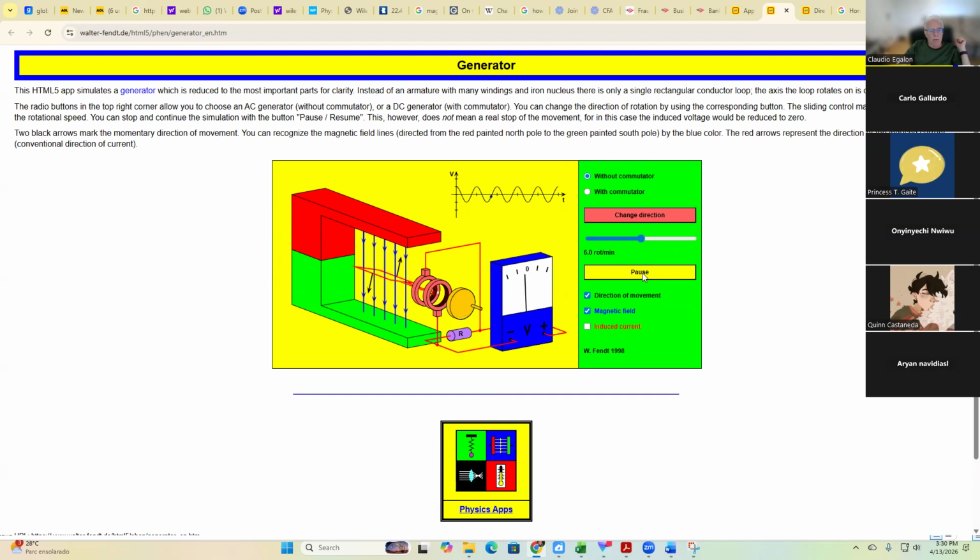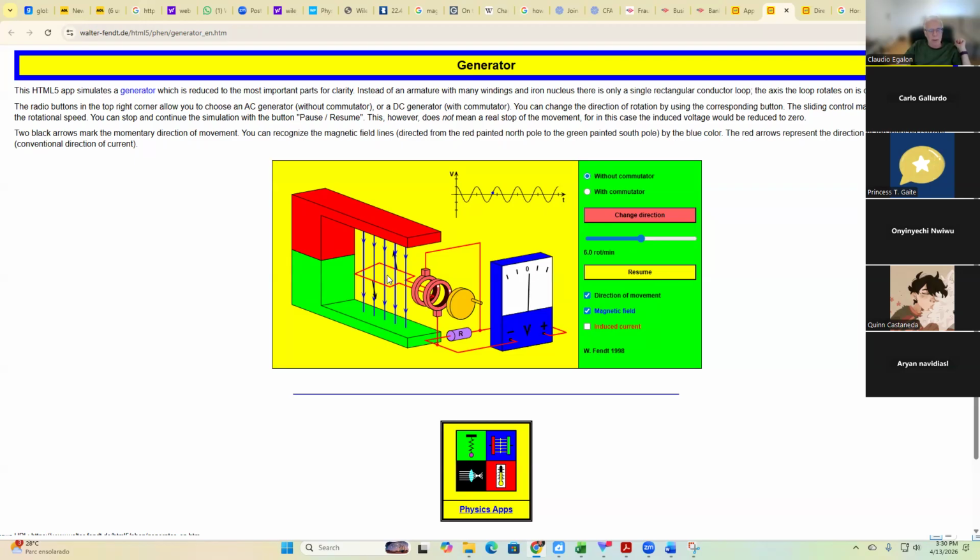Okay, so let's pause it exactly when the circuit has maximum magnetic flux, right? Because the plane of the circuit is perpendicular to the magnetic field, not flux, but field, it means that the area vector is going to be either parallel or anti-parallel to the magnetic field, okay?